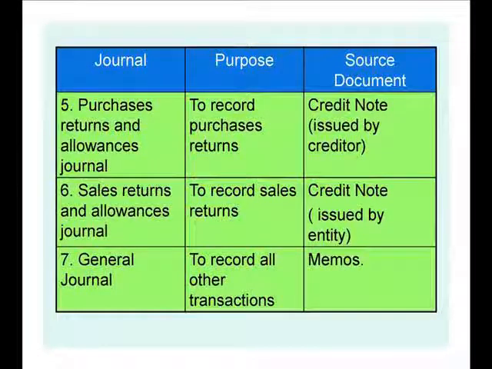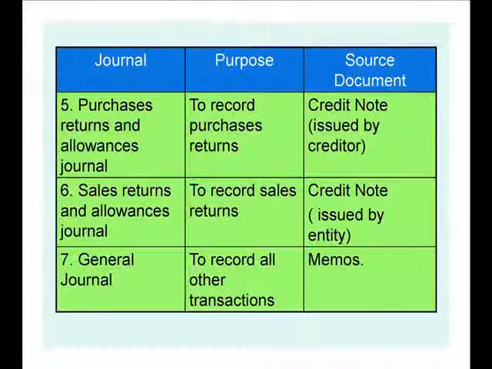Finally, the general journal. Seventh journal, general journal. The general journal is to record all other transactions that cannot be recorded in the first 6 journals. 1 to 6 are specialized journals maintained for one particular purpose, so we cannot record any other transactions in them.